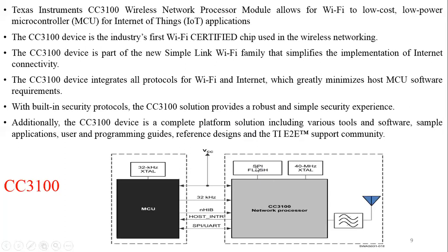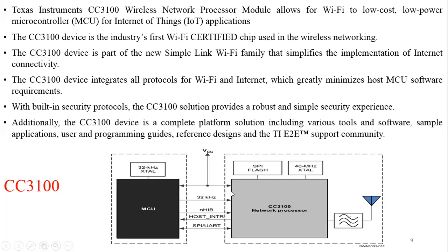CC3100 consists of an SPI flash, that means serial peripheral interface flash memory, and it operates with a 40 megahertz crystal, which is connected to the antenna for transmitting the data. And here is the interface with the microcontroller. That microcontroller will be operating with a 32 kilohertz crystal oscillator.